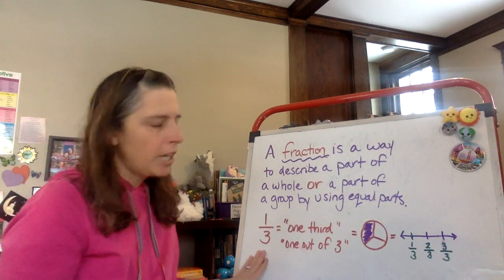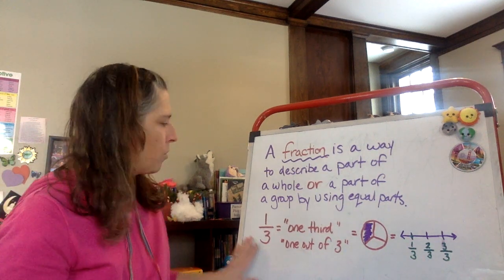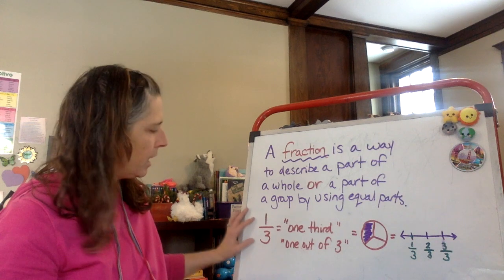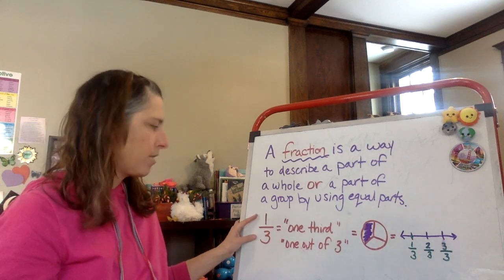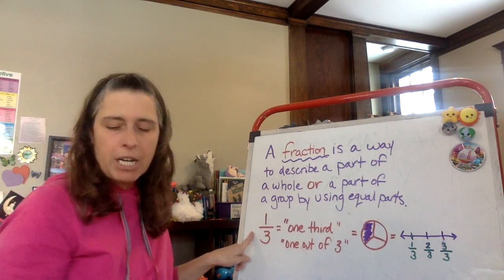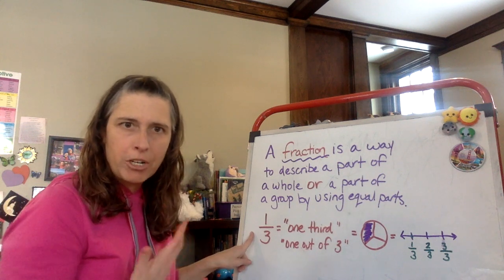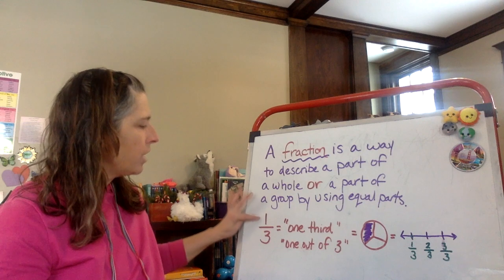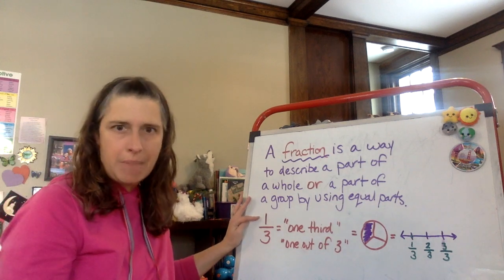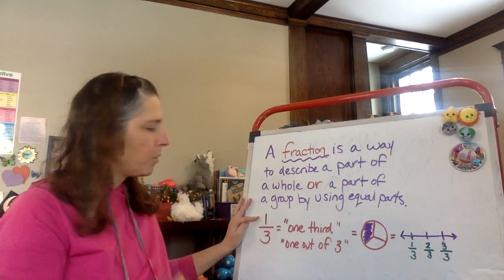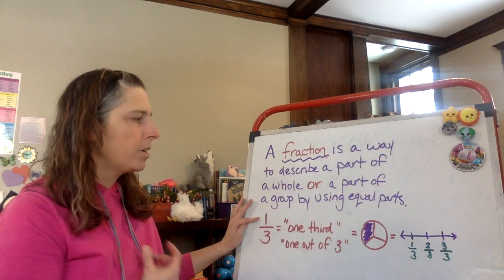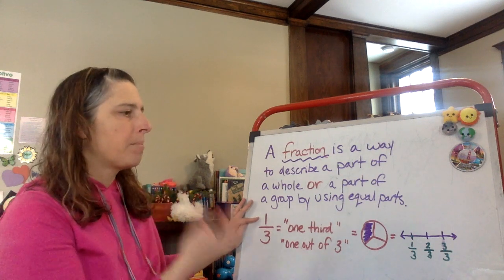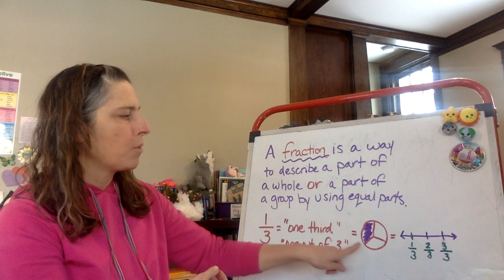So let's look at a fractional amount. One of the first fractions that we're going to be looking at right here is 1/3. We're going to be talking a little bit more about fraction vocabulary in our next lesson. But right here, this is what's called a numerator. It's the number on the top. The numerator shows the amount of the fraction that we're talking about.